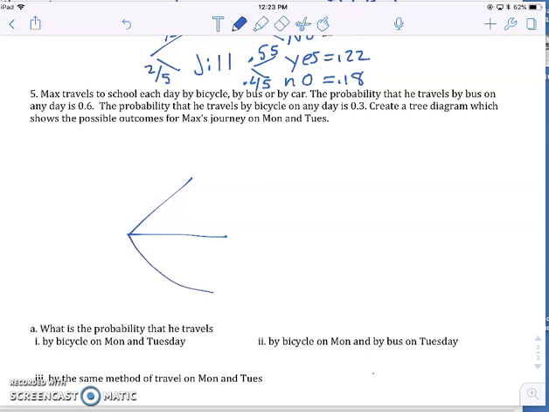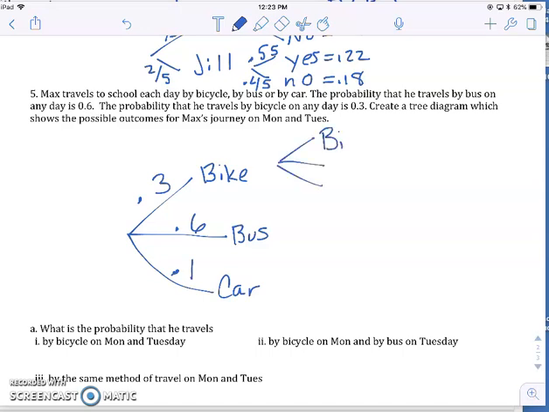So this would be Monday. He could either bike, bus, or car. So we have 0.6, 0.3, so this has to be 0.1. Then the next day, bike, bus, car.